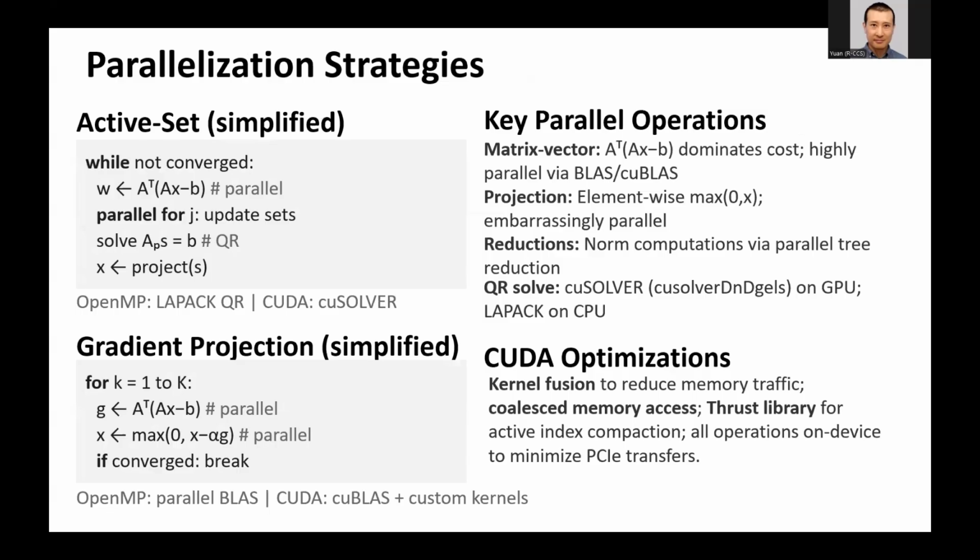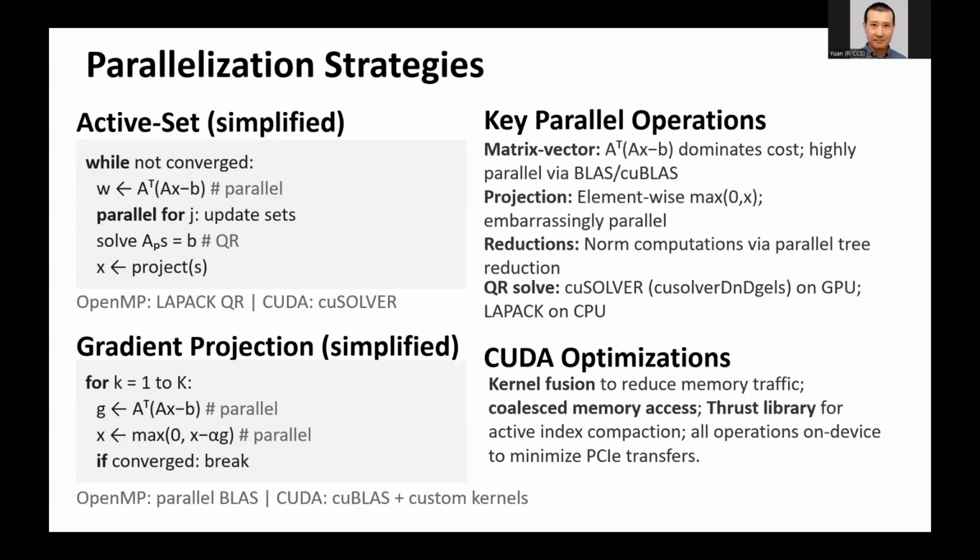We use LAPACK on CPU and cuSolver on GPU for QR factorization. For gradient projection, the algorithm is simpler. Compute the gradient, apply projection, check convergence. So both the gradient computation and projection steps are parallel.